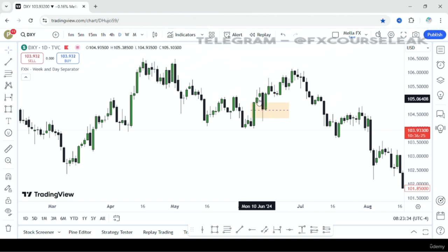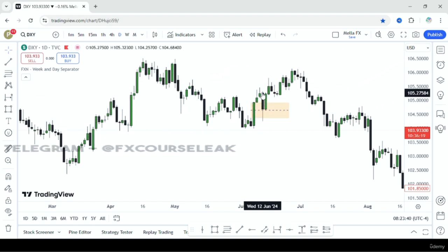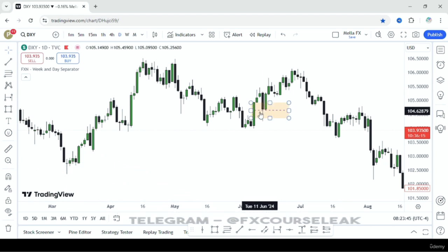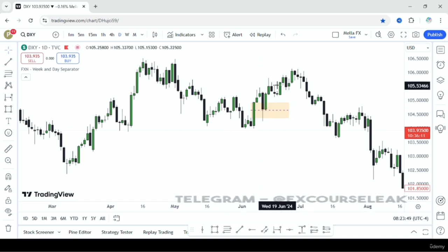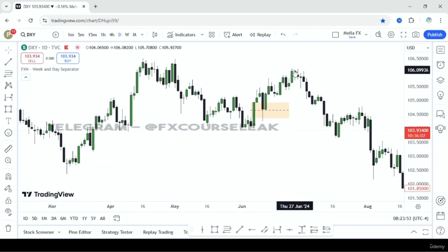As I said, it's not a must for the fourth candle to immediately come back down to retest. It may be even the fifth or later on in time. Like this one, we got the third, the fourth, the fifth. The fifth retested, then moved away. So we can see that here price acted as a support.